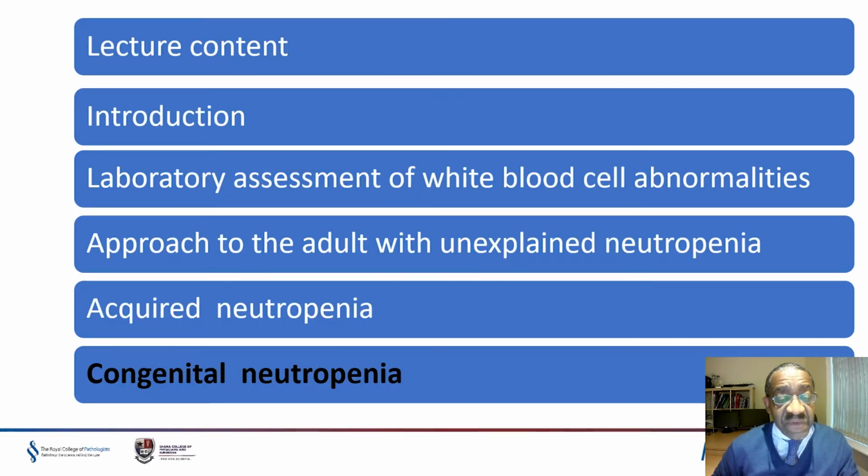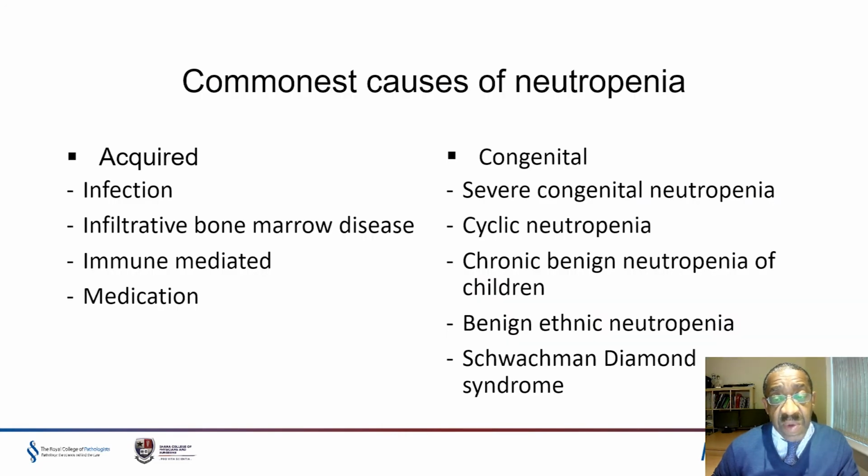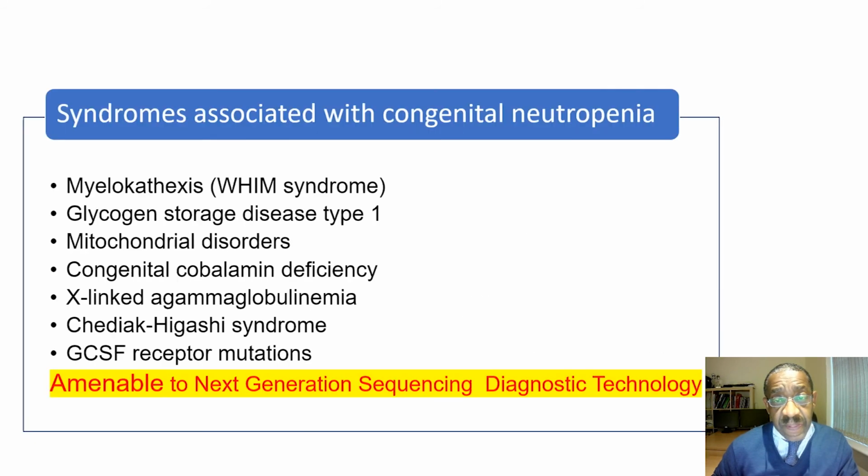I'd finally like to touch on some of the congenital neutropenic syndromes. And so I've shown a list again, and I'll just touch on them because many of them are quite rare. We should look at neutropenia in the context of systemic disorders which are inherited or are congenital, which have neutropenia as a component, as opposed to syndromes where neutropenia plays a major role or is the underlying problem.